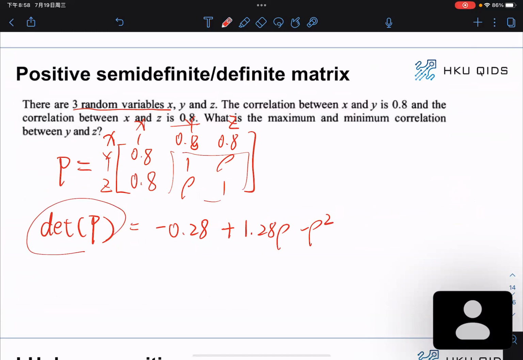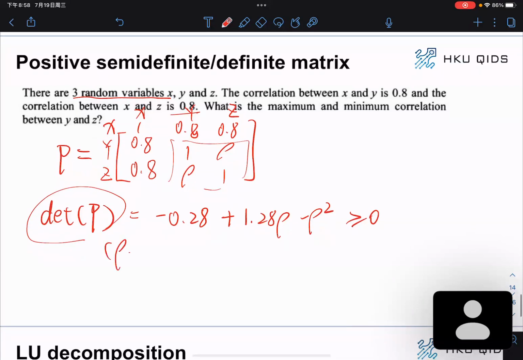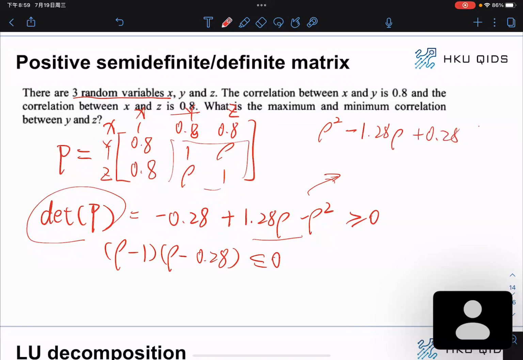And we should fix that part to be larger than or equal to 0. And we can have rho minus 1 and rho minus 0.28 by the crossing over method. So basically, we are trying to make it less than or equal to 0. This is going to be rho square minus 1.28 rho plus 0.28 less than or equal to 0. And we have 1, negative 0.28 and negative 1, right? And basically we are solving this by crossing over.